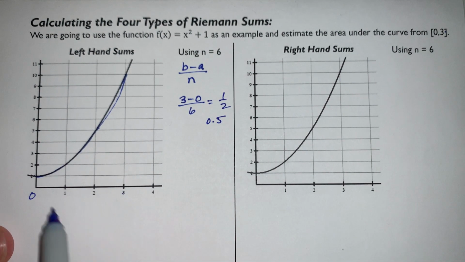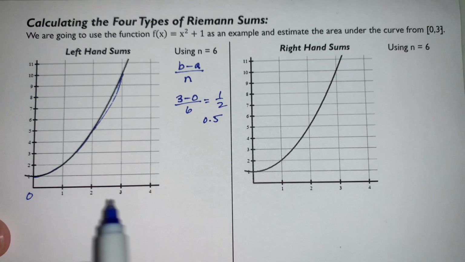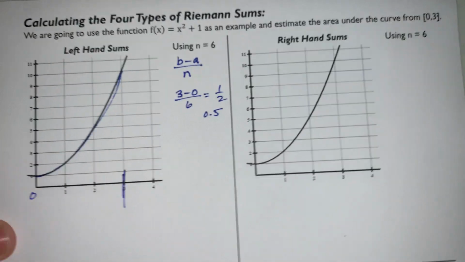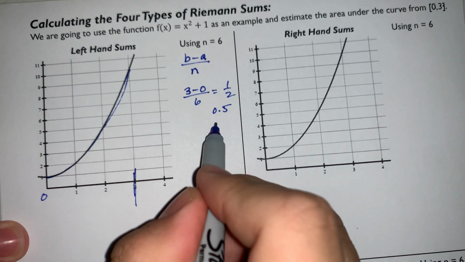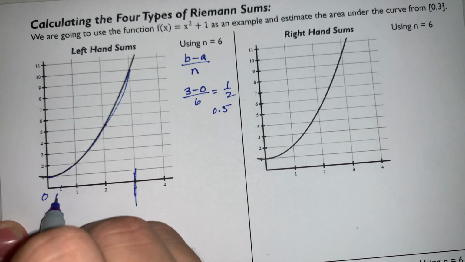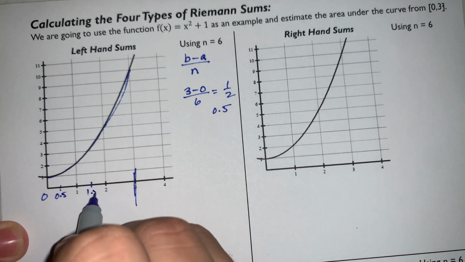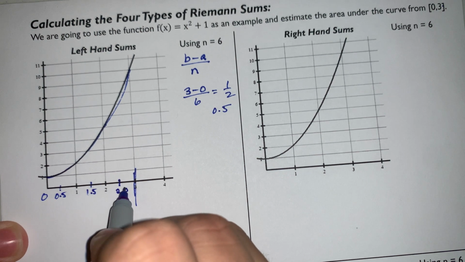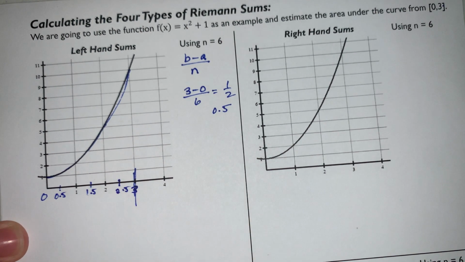All right, so that's going to be our interval width here. We're only going up until 3. So if we go up 0.5 each time, from 0 to 0.5, 1 to 1.5, and 2 to 2.5. All right, and of course, don't forget 3.